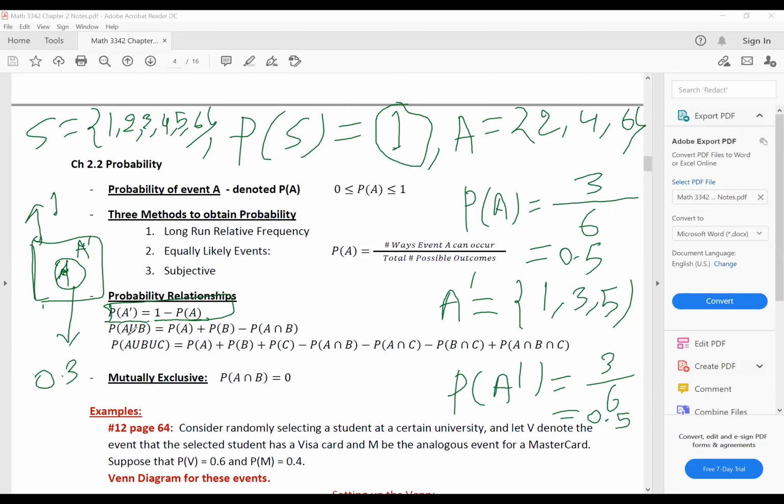So now the probability of A union B. So this is the formula, but you do not need to memorize it, but you can easily remember it. I will show you how to remember it. Okay, so probability of A union B. I'm sorry, my drawing is not very nice.